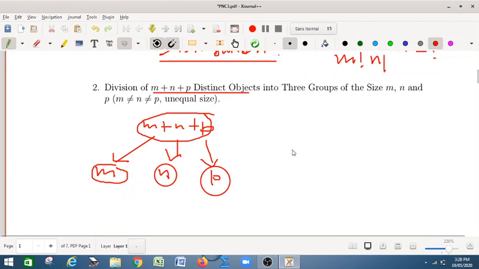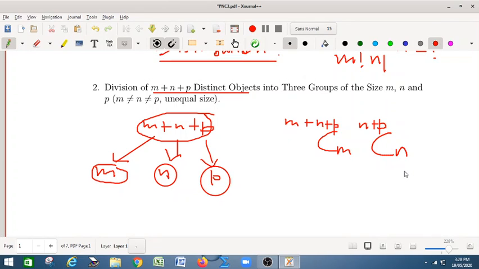So first you select m objects out of m plus n plus p. Then your remaining objects are n plus p. Then out of n plus p objects you select n objects and the remaining will be p.